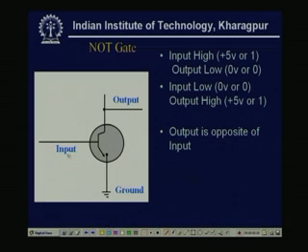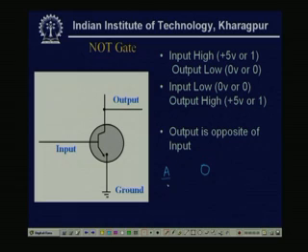That means, if my input is A, using some notation A, input high, a high voltage of plus 5 volt, which I am representing as 1, then the output is 0, say my output notation is O.